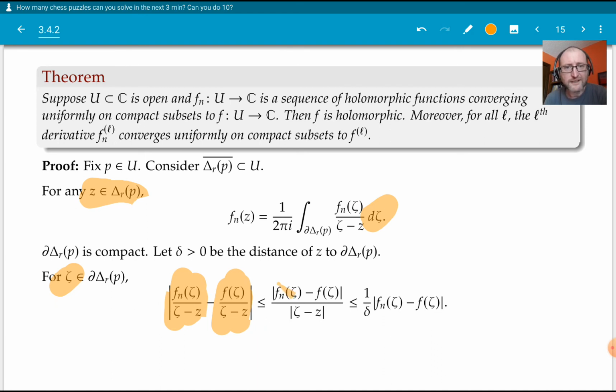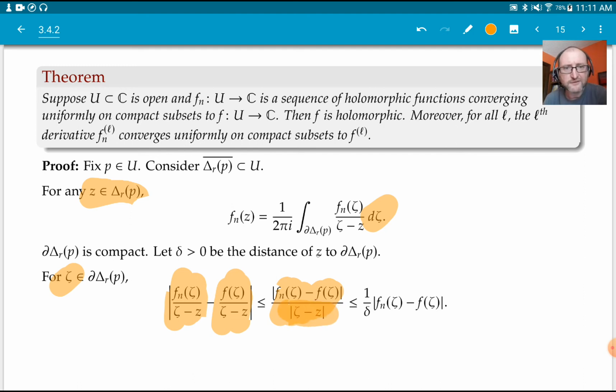You rewrite that like this. I'm not sure why I'm writing an inequality over here; it's fine, but it's actually equal. And then you estimate the bottom.